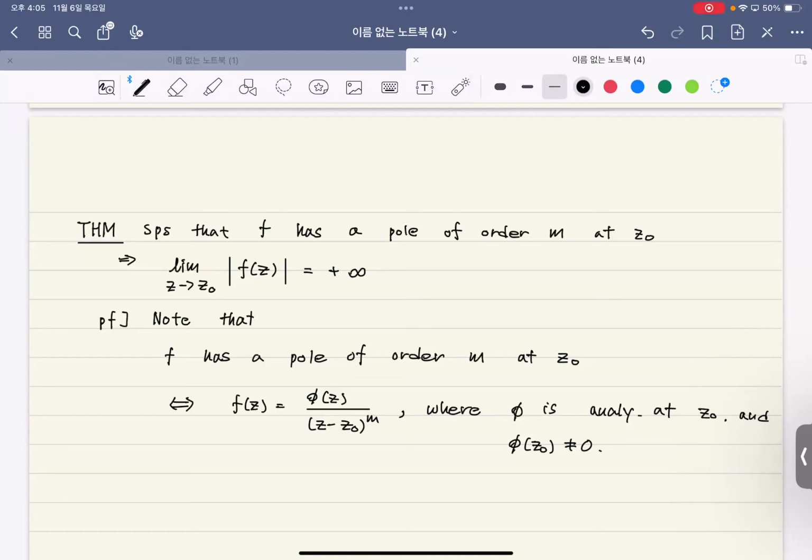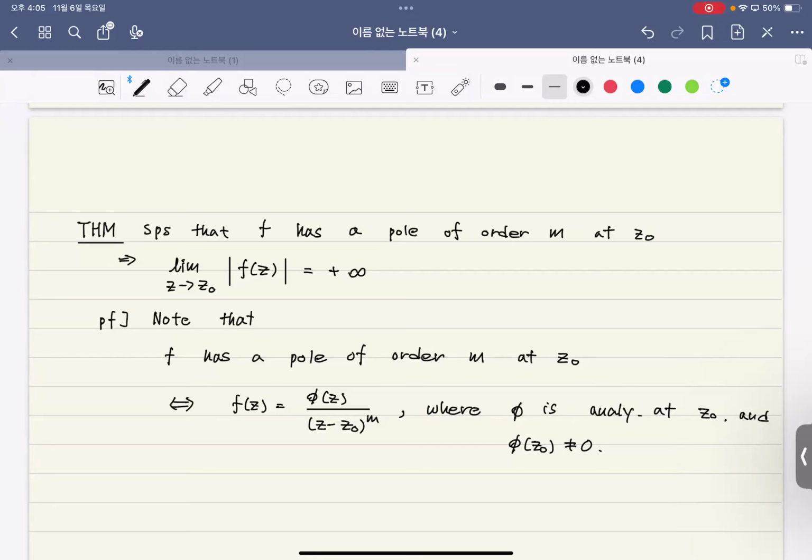One implication is kind of obvious because, by definition, f having a pole of order m at z0 means you can imagine the Laurent series of your function. Then if you factor out 1 over (z minus z0) to the m, you get another Taylor series whose leading term is non-zero. Therefore this is true.